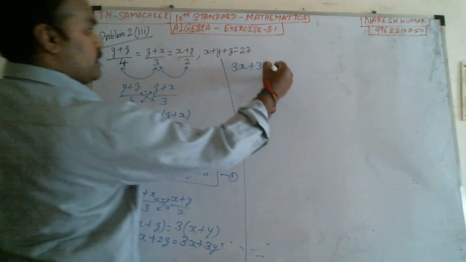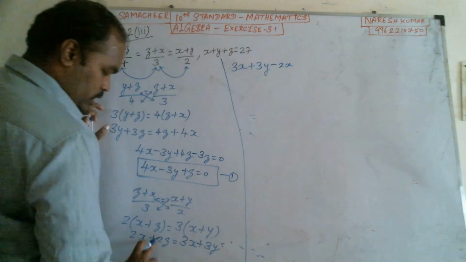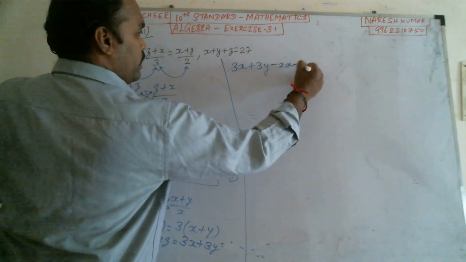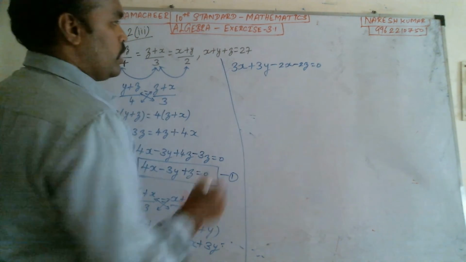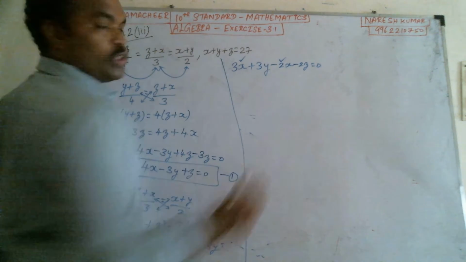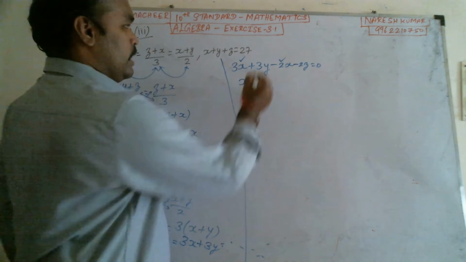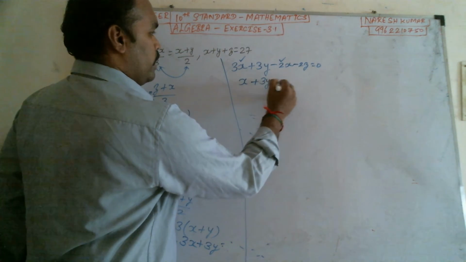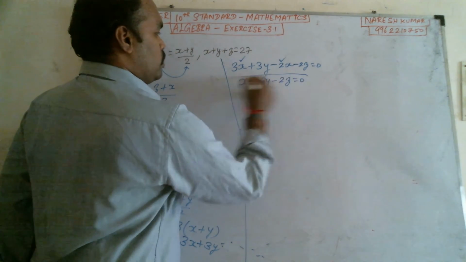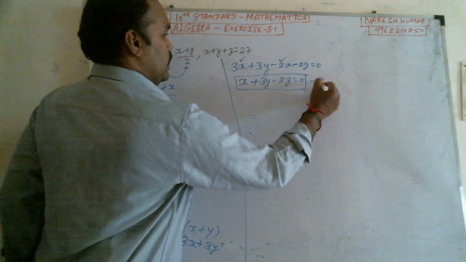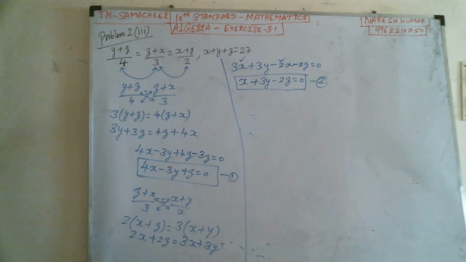Plus 2x, if it comes to the right side, minus 2x. Plus 2z, if it comes to the right side, minus 2z equal to 0. So 3x minus 2x is how much? x plus 3y minus 2z equal to 0. This is the second equation.